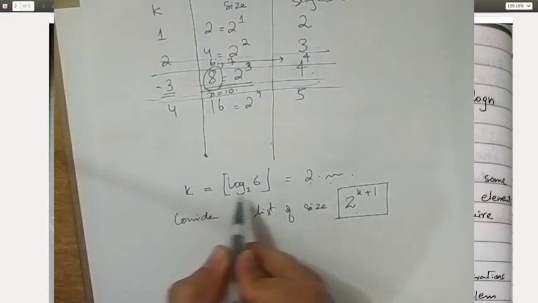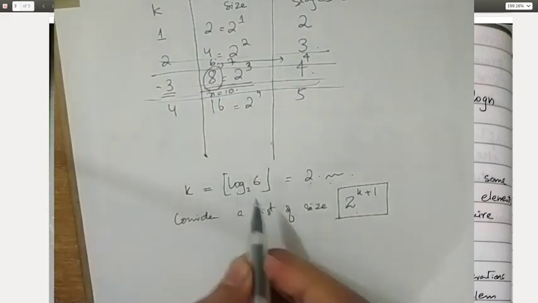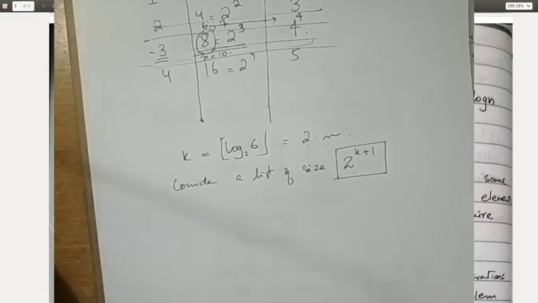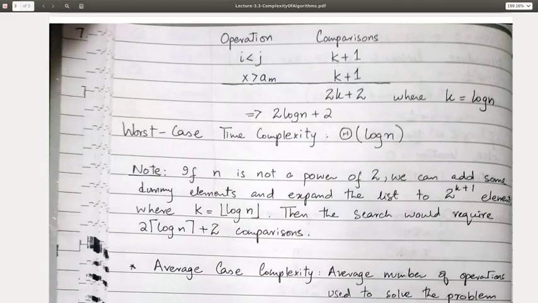If you find k to be log of n, so let me bring out the notes which have them written nicely. If n is not a power of 2, we can add some dummy elements and expand the list to 2 to the k plus 1 elements, where k is the floor of this, so we want to floor it and then add another 1 to this.